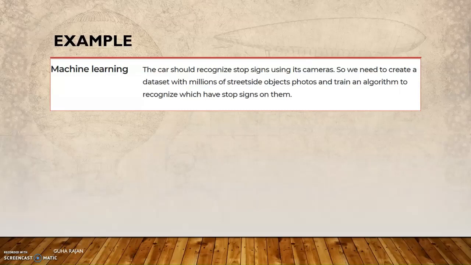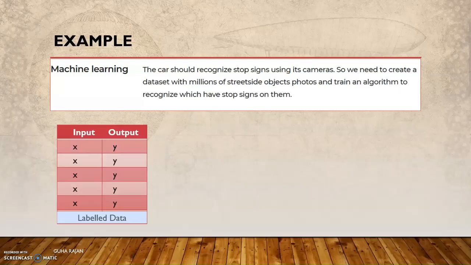So you need to give the data set, which is the kind of road signs we are aware of, like a stop sign or a no entry sign, different signboards. That data is called the label data, and it is fed into an appropriate algorithm, called the learning algorithm, and this is a supervised learning concept. You need to train the learning algorithm, saying this is a stop sign or a go slow sign.